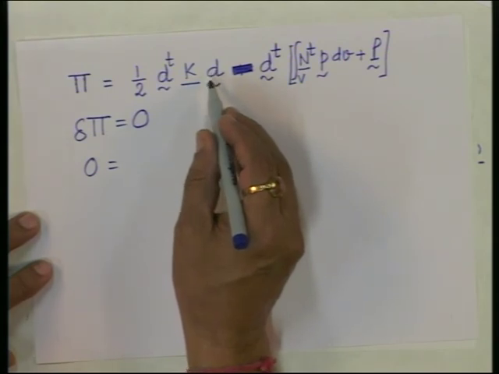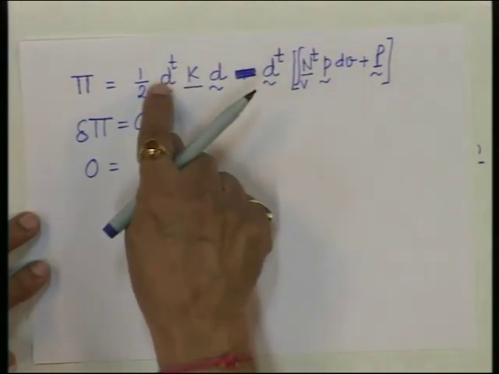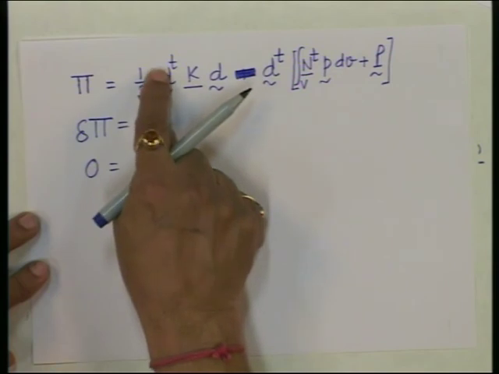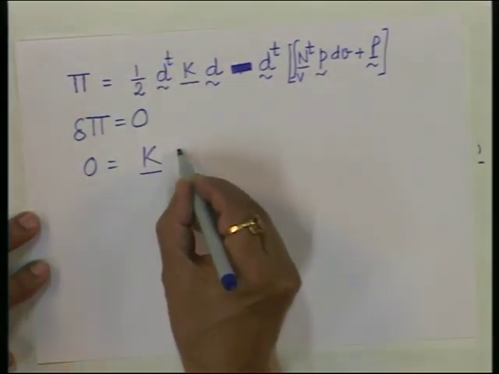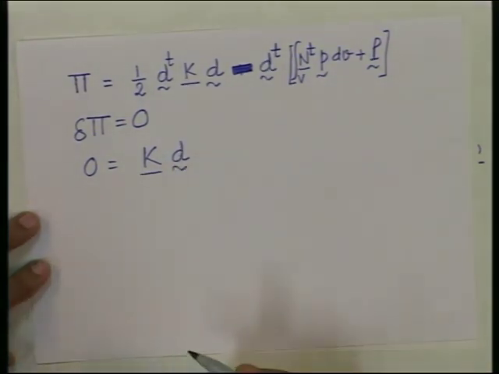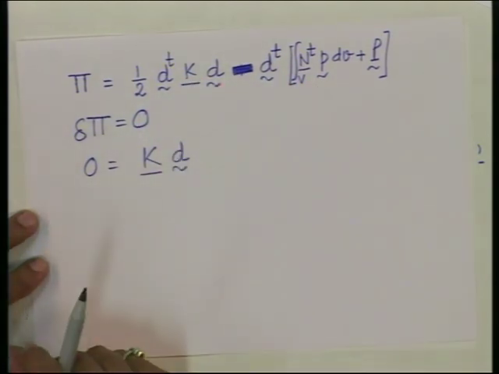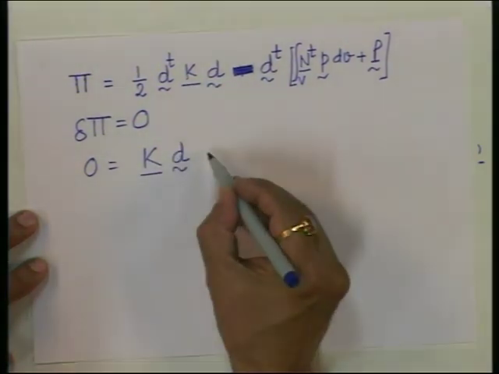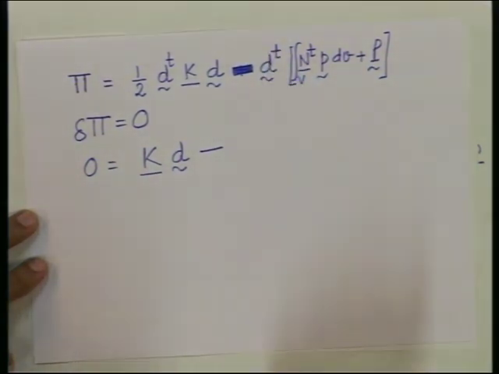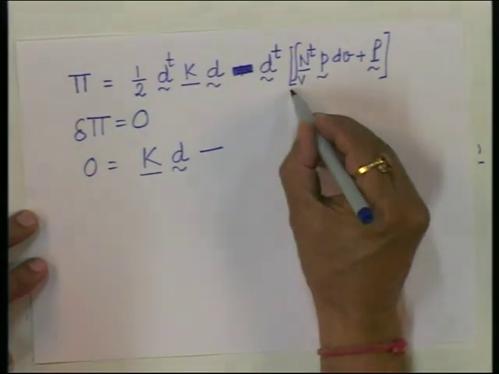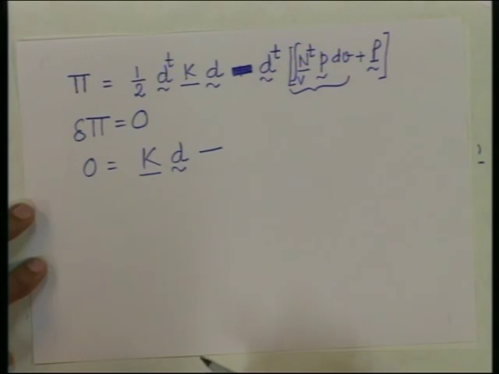This d squared gives 2d, so the 2s cancel and you get only k d. This is matrix derivation. Then here there is only one d.